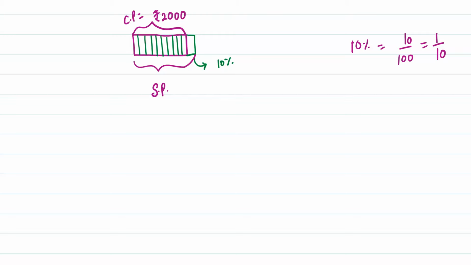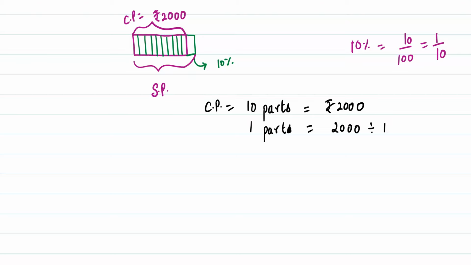Now we can clearly see that 10 parts, which was the CP we divided into 10 equal parts, is equal to rupees 2000. So 1 part should be equal to 2000 divided by 10, that should be 200. So 1 part is equal to rupees 200.